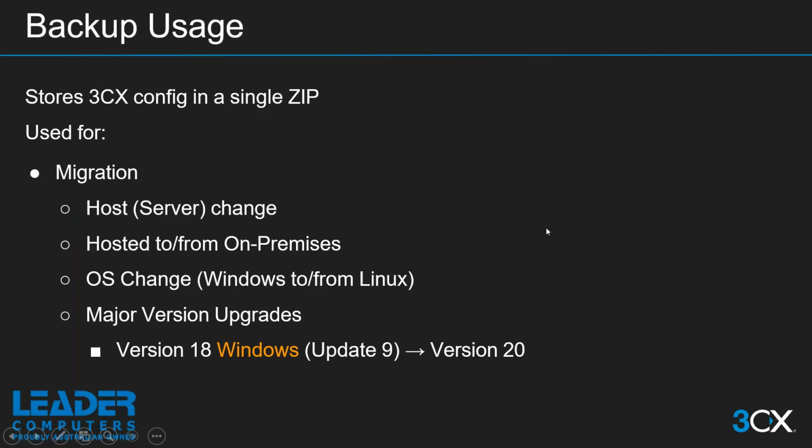Now, backup usage. 3.6 stores the 3.6 config in a single zip file, and it's used for migration.